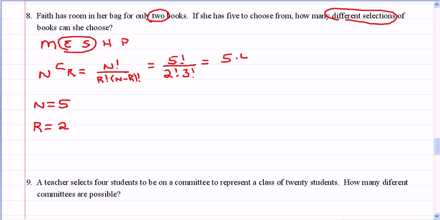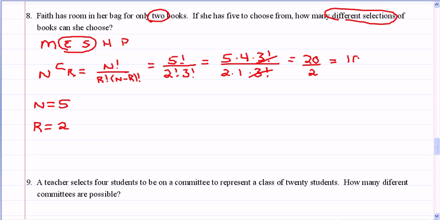I start with 5 and multiply down until I stop at 3, because 3 is the larger number in the denominator. So I expand the smaller one, cancel the 3's, and I'm left with 20 over 2.